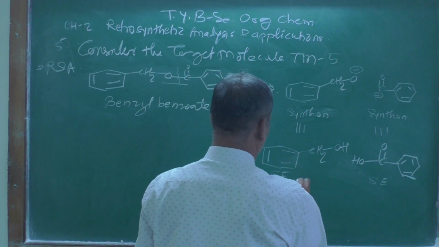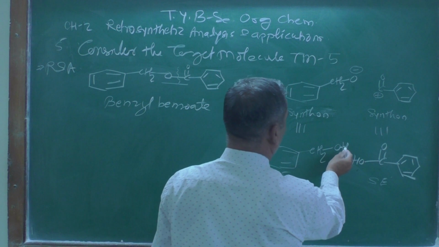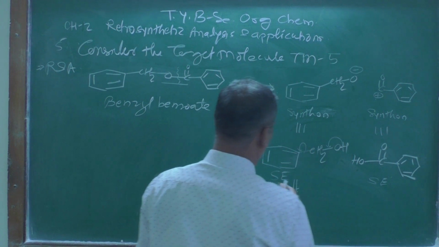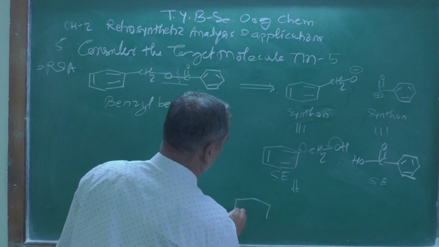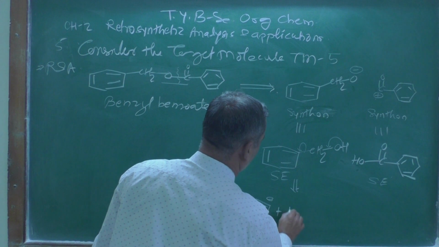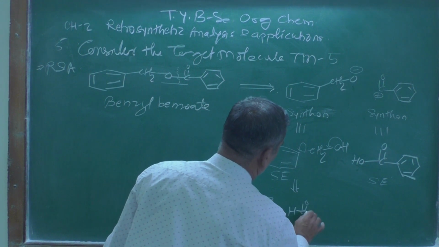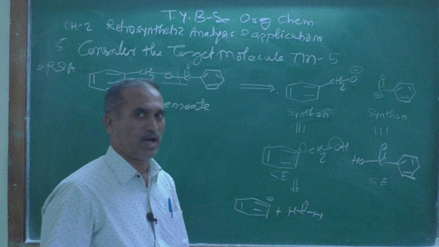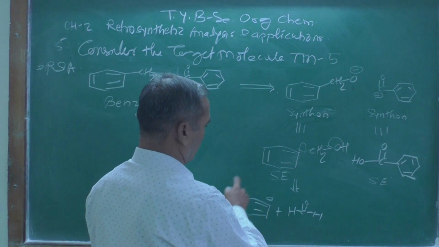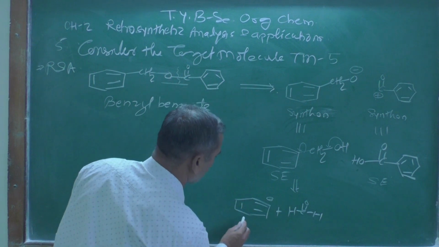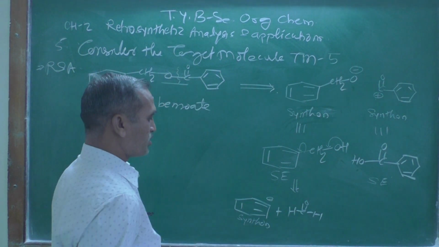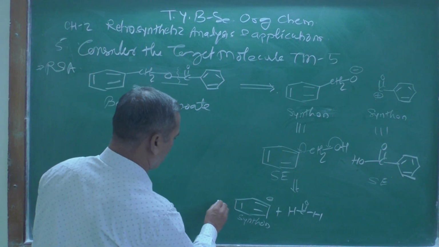So you can show the bond broken like this, with a negative charge on this carbon atom, so that we get this type of species, minus charge, and the other one you will get as formaldehyde, right? Formaldehyde is easily available in the market. This is a synthon we got, right? And this synthon must have a synthetic equivalent.